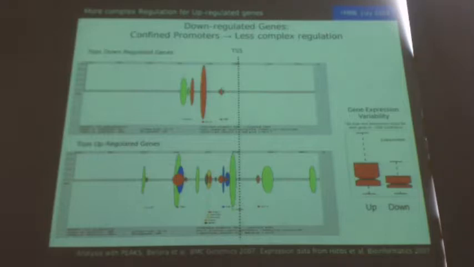If you find the binding site in this region and not just anywhere in the promoter, you get a significant enrichment. For the downregulated genes, only a couple of transcription factors have a positional enrichment, confined to a small area close to the transcription start site. Whereas for the upregulated genes, you have a lot of transcription factors and extended areas of binding, both upstream and downstream.